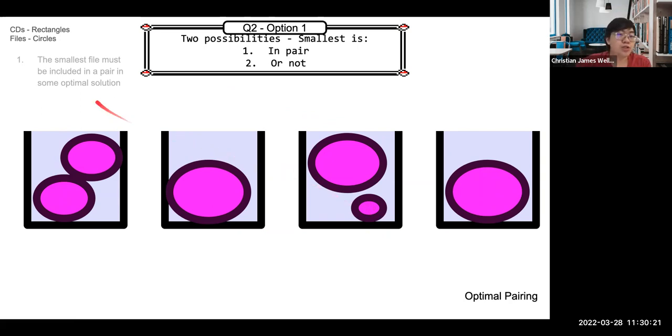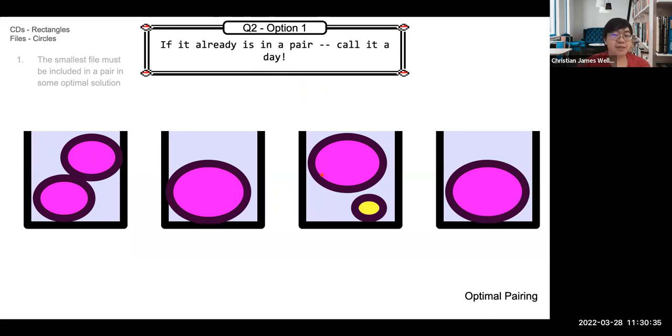Remember, our goal is to show that some optimal solution must have the smallest file be included in a pair. If we already have an optimal solution, it either means it's already in a pair or it's not. If it's already in a pair, that's trivial. We just mention it for completeness, because if it's already in a pair, we call it a day.